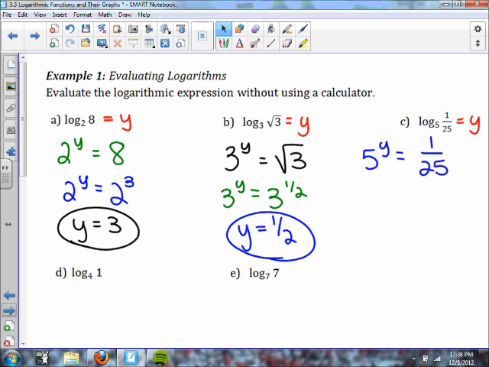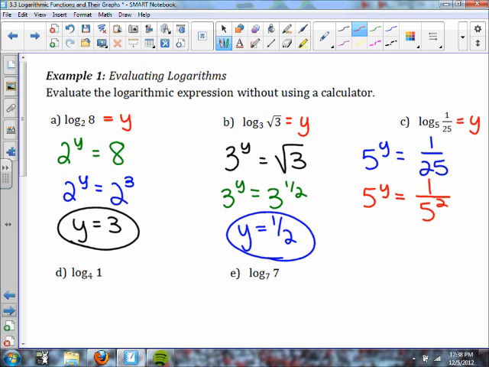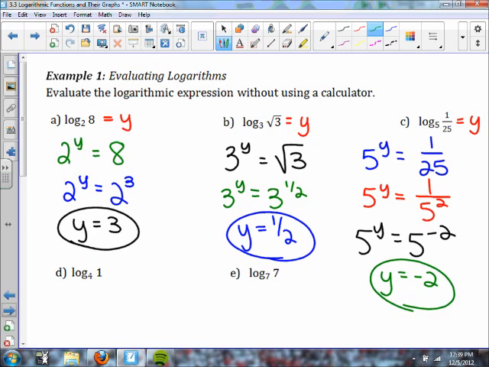What can I do? 5 squared, right? Now, usually we always say we want positive exponents, right? But in this case, I need 5 on the top. So how can I move this 5 squared to the top? What am I going to do with the exponent? Make it negative. So 5 to the y equals 5 to the negative second power. That means y will equal negative 2.